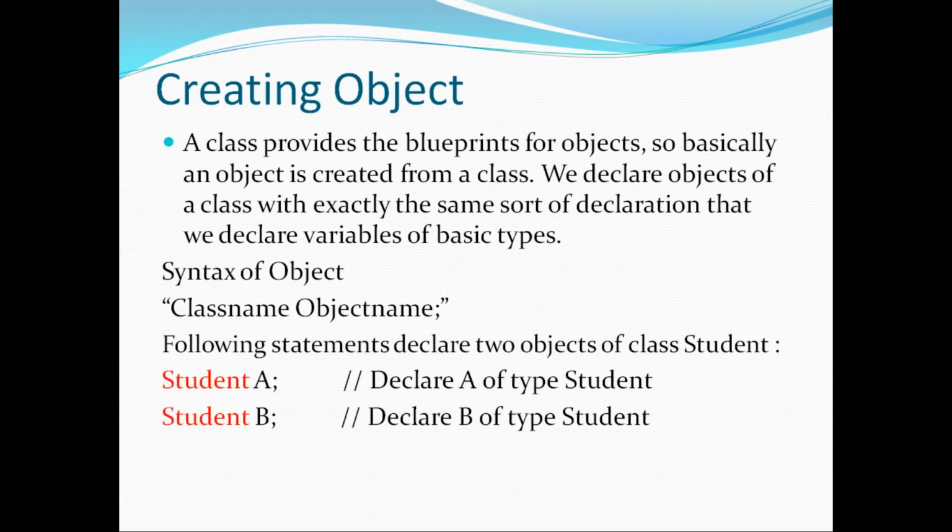So, how to create an object? A class provides the blueprint for an object. So, basically an object is created from a class. We declare objects of a class with exactly the same sort of declaration that we use to declare a variable of a basic data type.